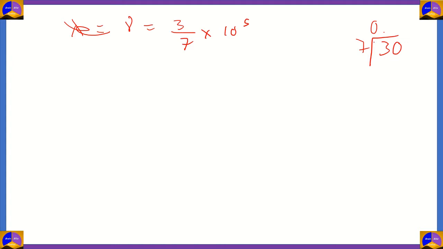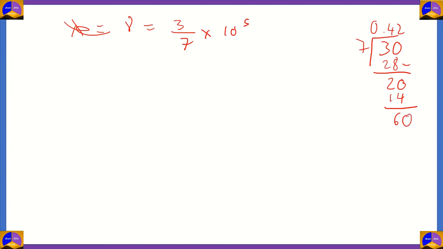Let's start calculating. So again, let's write it down. The frequency nu is equal to 3 by 7 into 10 raised to 15. 3 divided by 7. 0 point, add a 0. 7 times 4 is 28. That is the closest to 30. Subtract that, you get 2. Add another 0, you get 20. 7 times 2 is 14. You get a balance of 6.